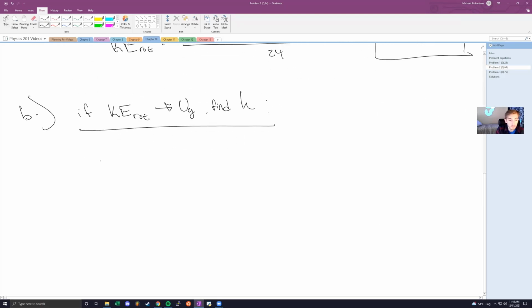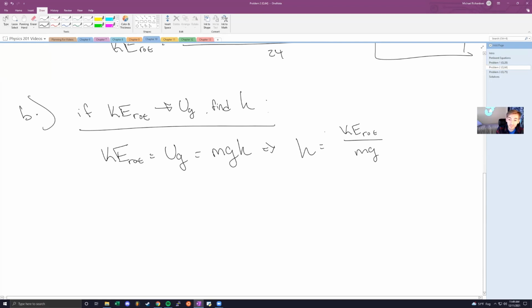So what we can say here is that our rotational kinetic energy is going to be equal to our gravitational potential. And we know that our gravitational potential is equal to mgh. So solving for our height, we get that h is going to be equal to our rotational kinetic energy divided by mg.